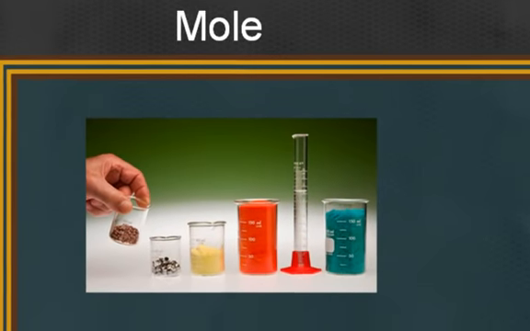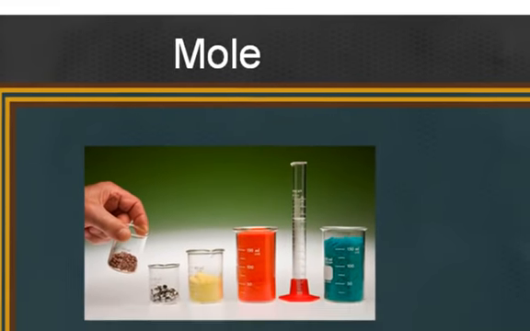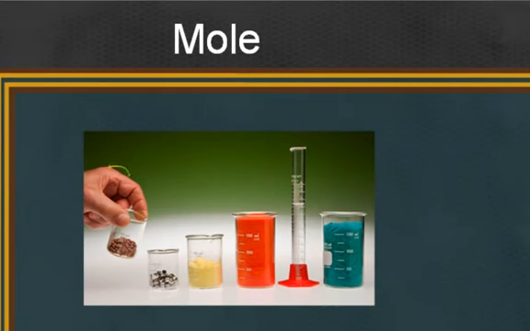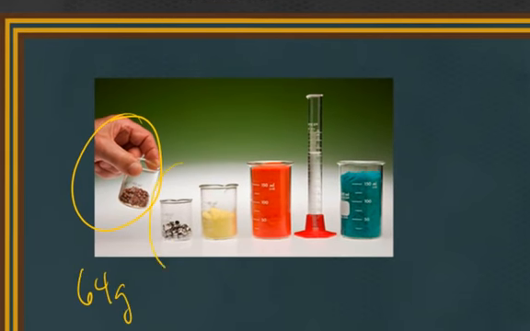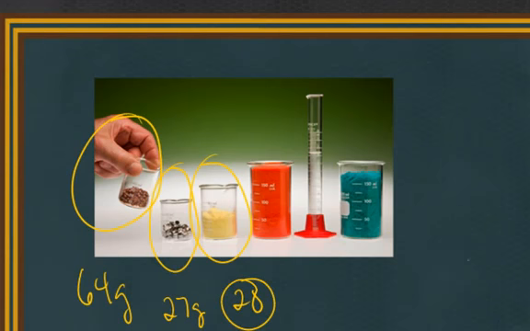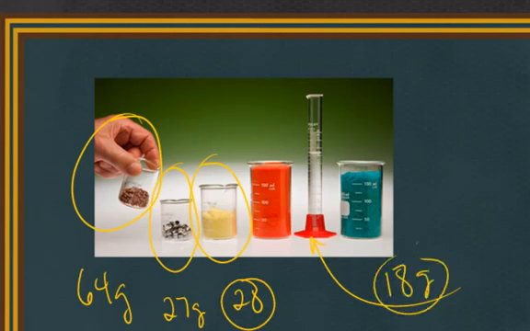Okay, so here are some examples of a mole of various pure substances. This is a mole of copper, and it happens to weigh 64 grams. In this small beaker is a mole of aluminum, weighing 27 grams. Here we have a mole of sulfur, and it weighs 28 grams. Let's skip over here. What is that? That's water. And that is 1 mole of water, and it weighs 18 grams.